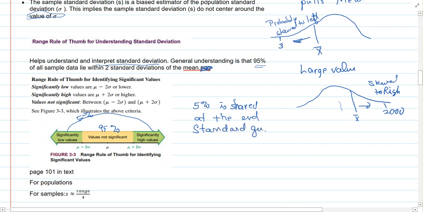gauge of significantly low or significantly high.